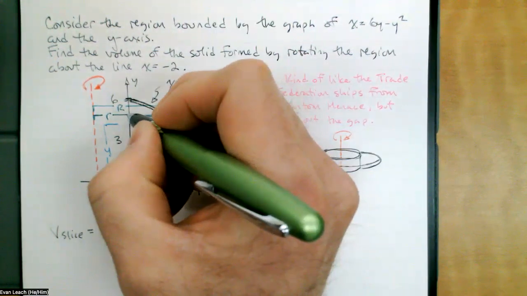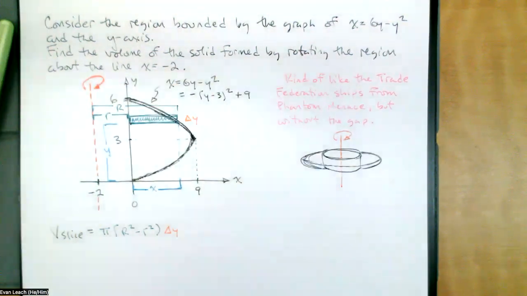So we need to write our two radii in terms of y. We're just following a playbook. We're just following steps.